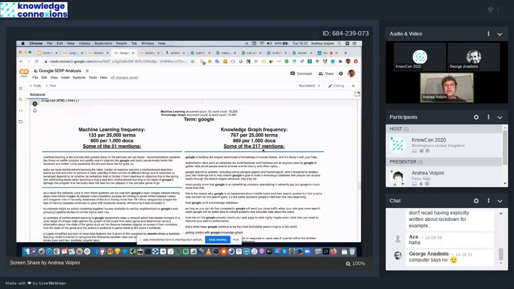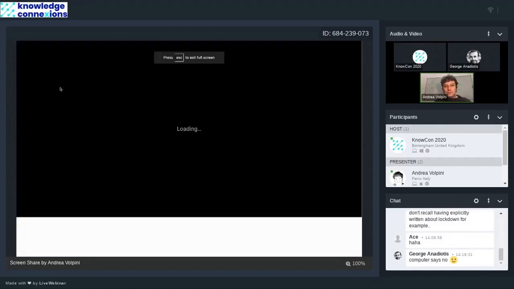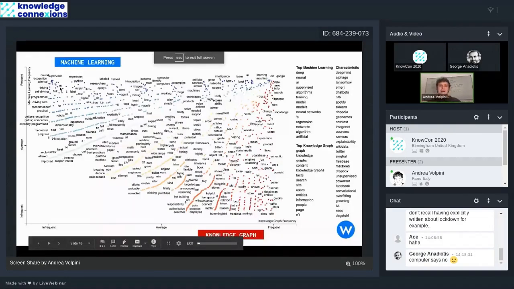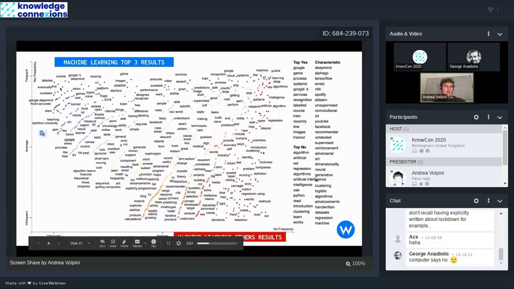Okay, and here we can use this library, which is called scatter text, in order to run the analysis of the pages behind these results that Google is using. So we see some tendency, but what if we take a query like machine learning and split the page into two?